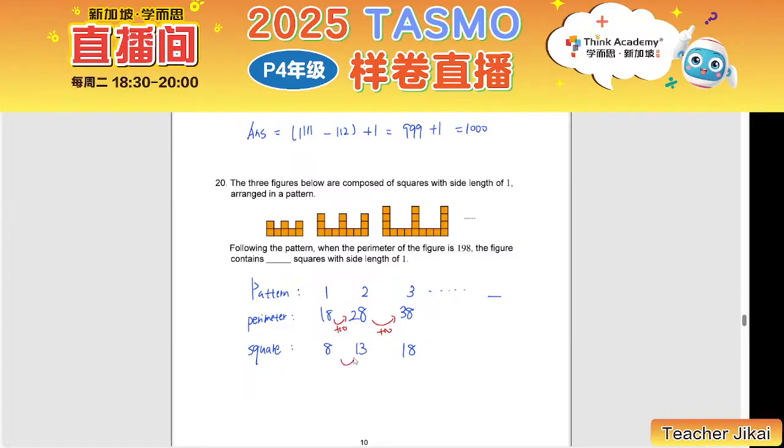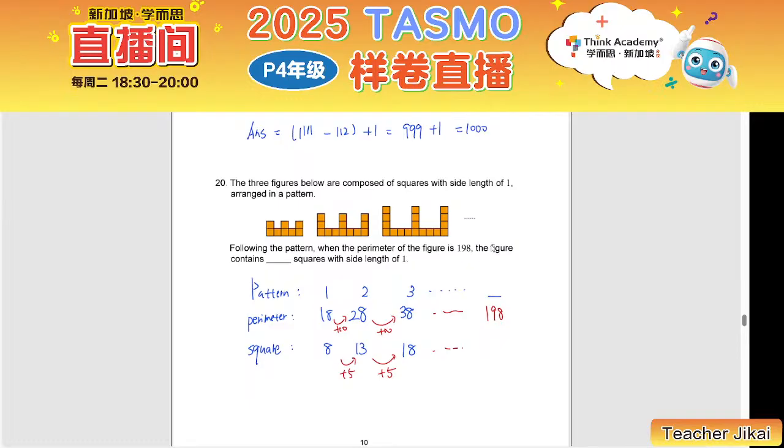And for squares, 8, 13, 18, every number we just add 5. It is asking until we get the parameter 198.